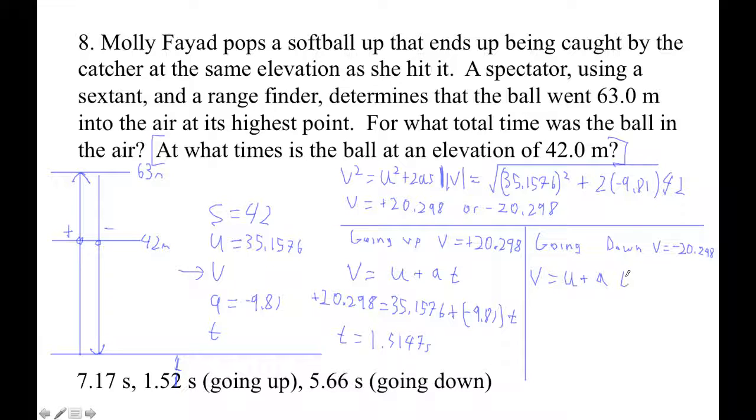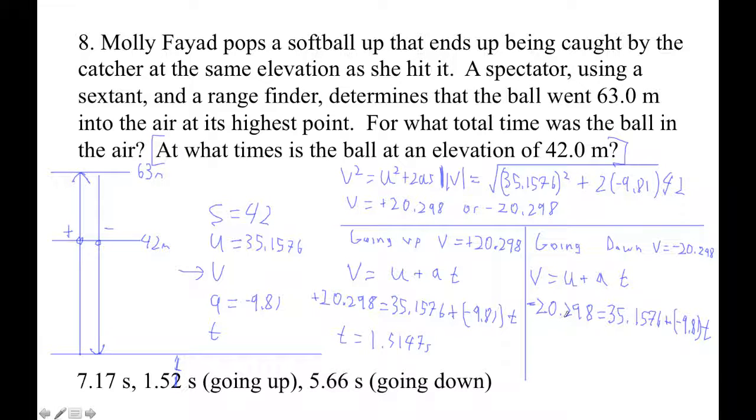Now it's negative 20.298 equals positive 35.1576, plus negative 9.81 times t.